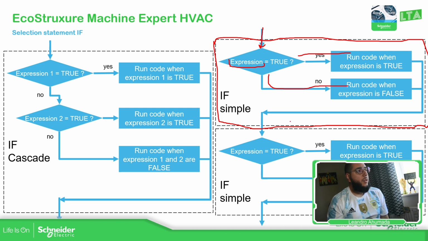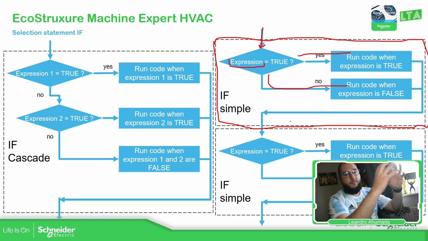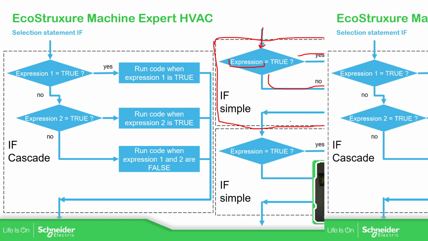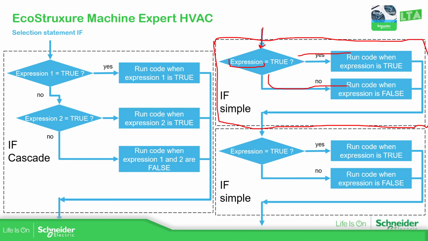So you can put this if and then put another if below, as shown here. Basically you have a cascade, if you want to say. I have one simple if and then I have another one. In this case, when the expression is false, it probably just goes here directly.